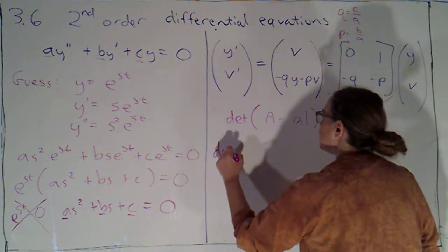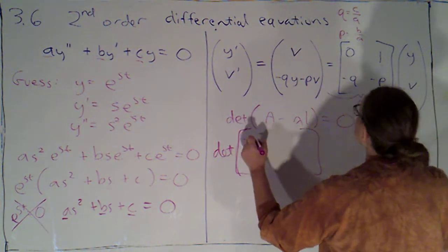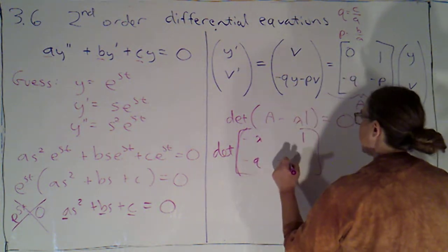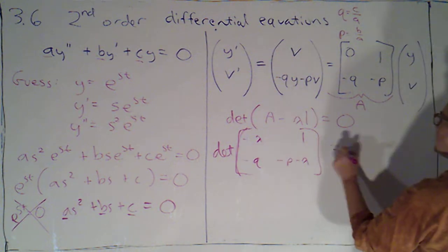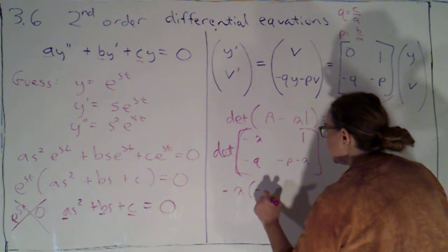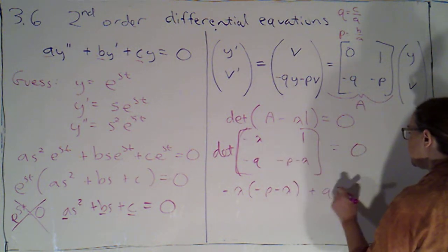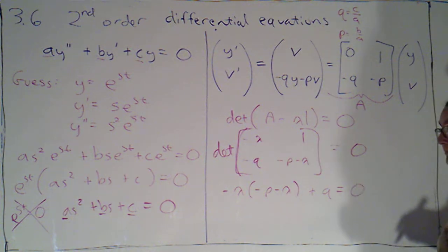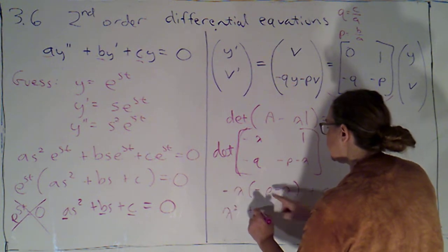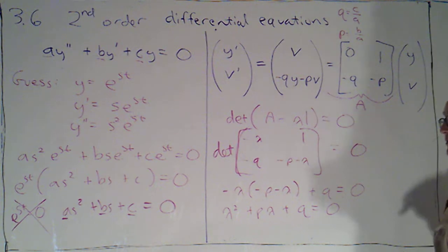So that would mean I wanted the determinant of 0 minus lambda, 1, negative q, negative p minus lambda. I would want that to equal 0. That's going to be negative lambda times negative p minus lambda minus a negative q, so plus q, has to equal 0. If I multiply that out, that's going to be lambda squared plus p lambda plus q is equal to 0.